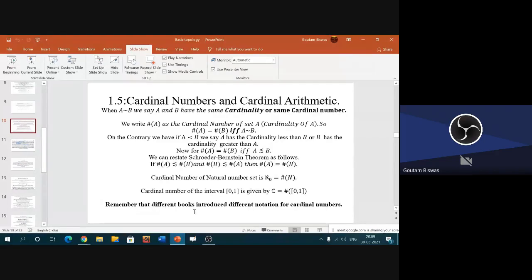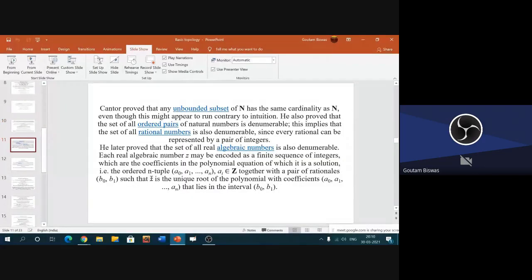Remember that different books introduce different notations for cardinal numbers. So this is the definition of cardinal numbers. I will come to cardinal arithmetic afterwards. Now this is some history: Cantor is the main architect of cardinality and cardinal numbers. You can go through this later.